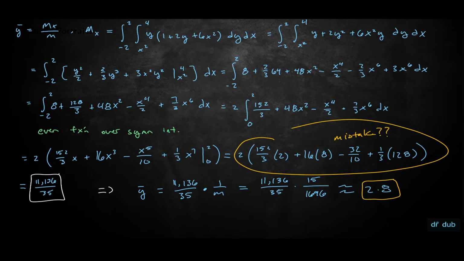And y squared over 2, 2/3 y cubed, 3x squared y squared. Plug in, 16 over 2 is 8. 2/3 times 4 cubed, 64. And then 3 times 16, just 48x squared. Minus x to the 4 over 2, minus 2/3 x to the 6th plus 3 times x to the 6th.